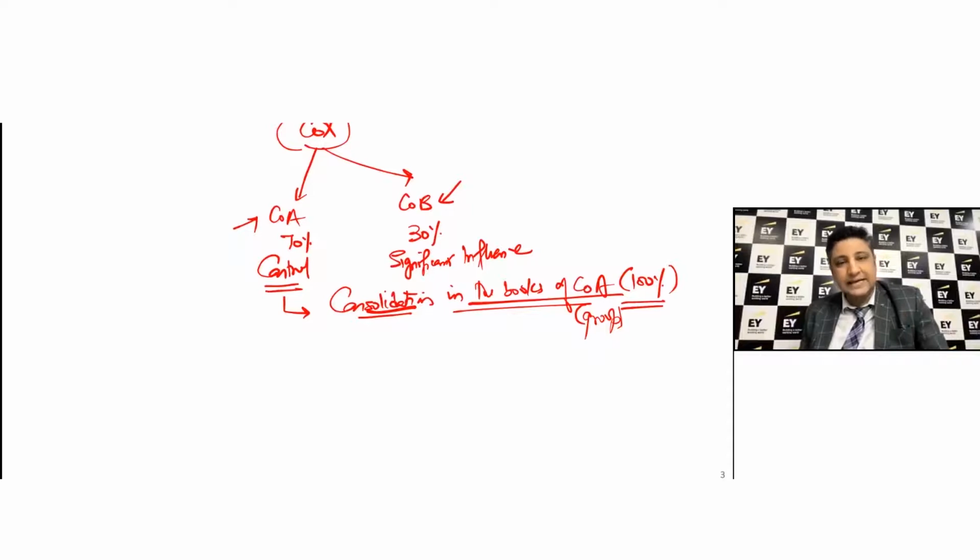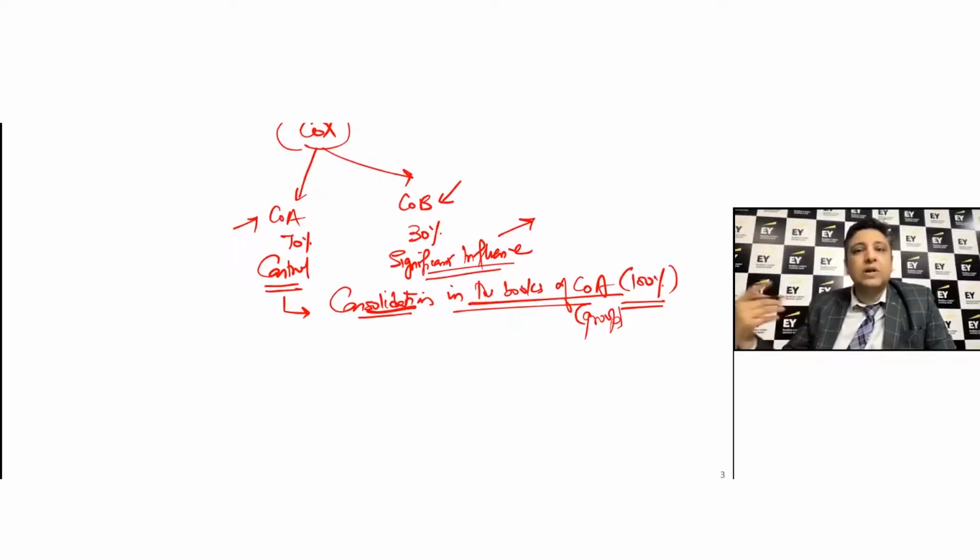The presence of B cannot be ignored. So the word significant influence suggests that company B has an influence on the policy decision making, and in return, the profitability of company X.